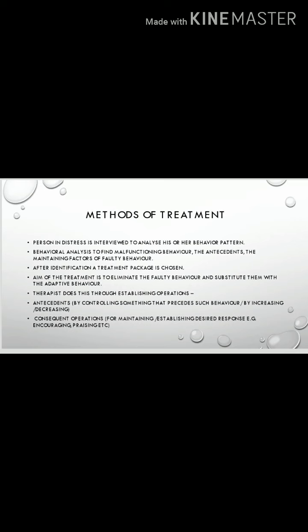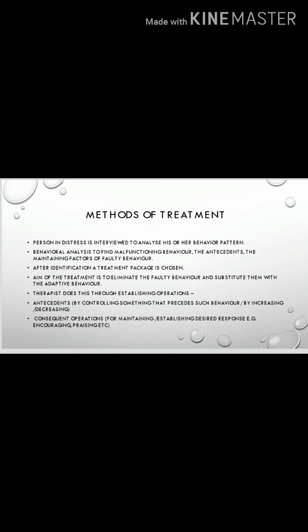Then the client acquired a reinforcing value, that means the relief upon smoking. So the relief upon smoking would be the consequent factor or the maintaining factor. Then the smoking itself is the behavior. I hope from this example it is now very clear what is malfunctioning behavior, antecedent factors and maintaining factors.